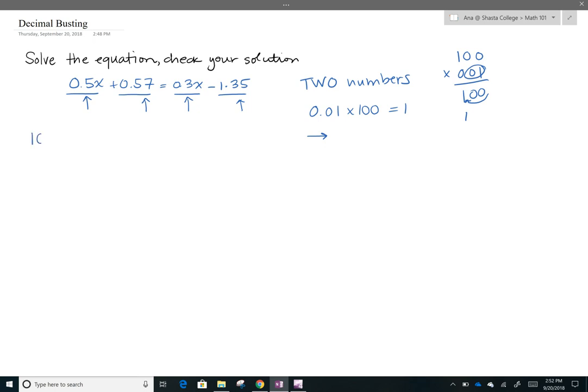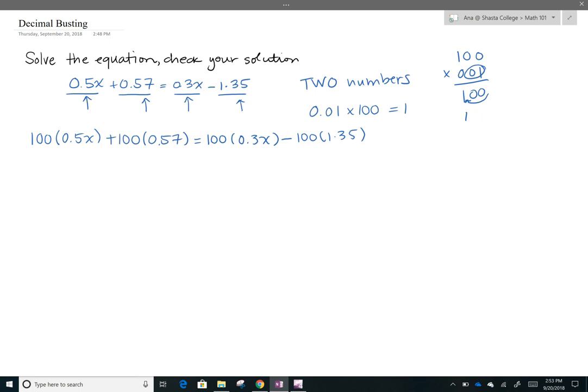So I'm going to take 100 times 0.5x, or 5/10 x, plus 100 times 57 hundredths equals 100 times 3/10 x minus 100 times 1.35, or 1 and 35 hundredths.